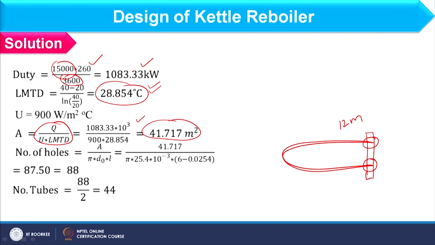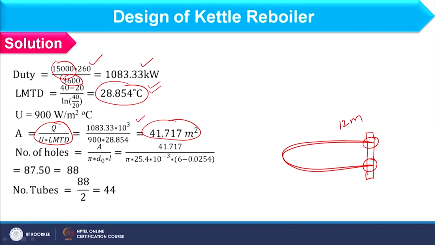However, you can have a different approach here also, like if I consider half length of the tube, and that should be 6 meter, and if I am considering that length, it will enter only once into the tube sheet. Okay. So, in that way I find the heat transfer area of a single tube, and then we can find out the number of tubes. Okay. So, let us see. The area of a single tube should be pi d naught L effective.